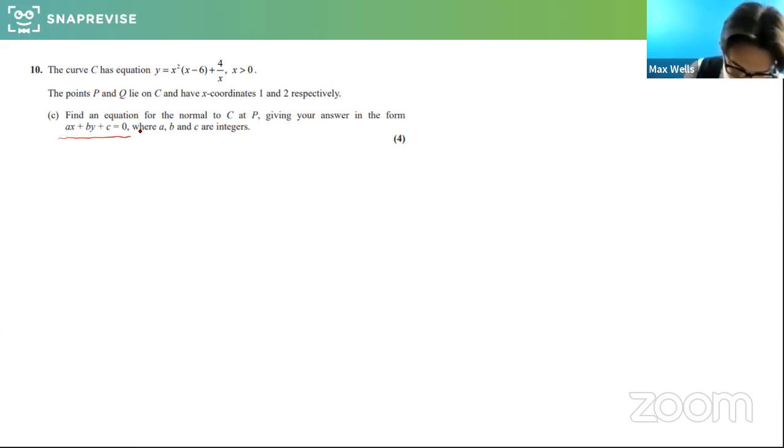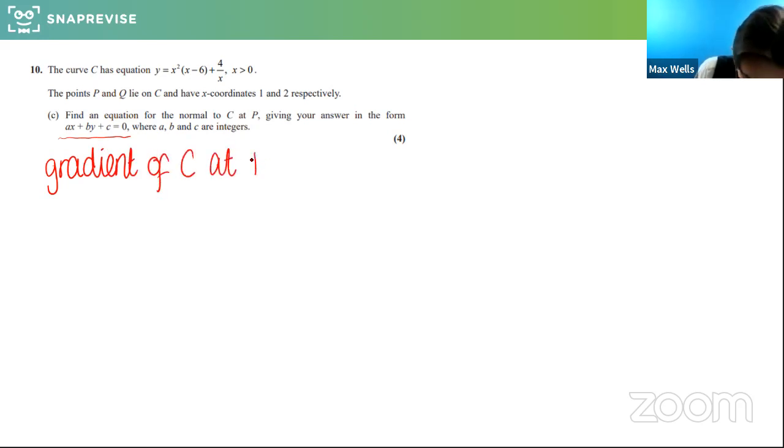So since we've already found the gradient in the previous question, gradient of C at point P equals minus 13, then hopefully we recognize that the normal, the perpendicular line to this, will have gradient 1 over 13 because it's the negative reciprocal.